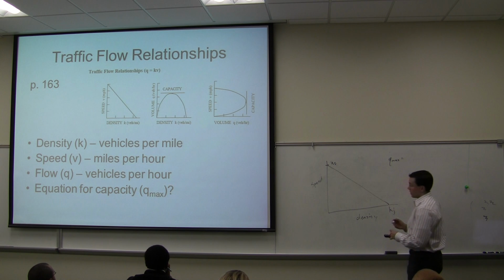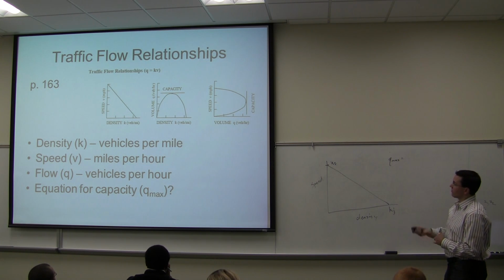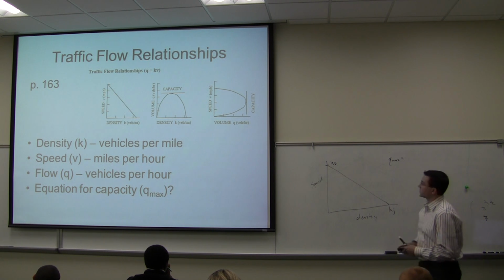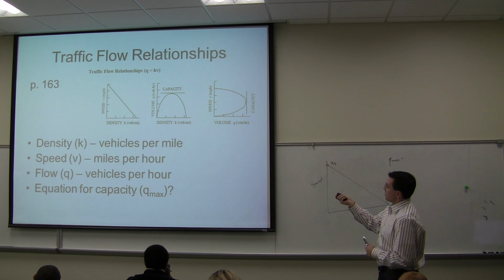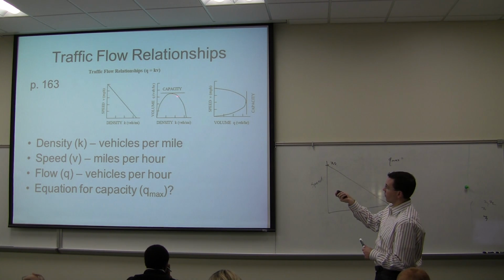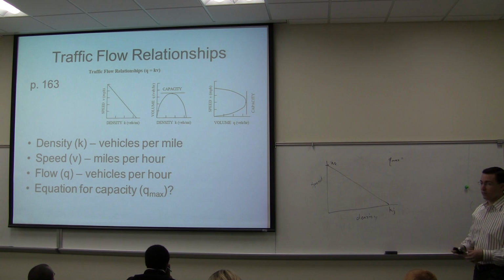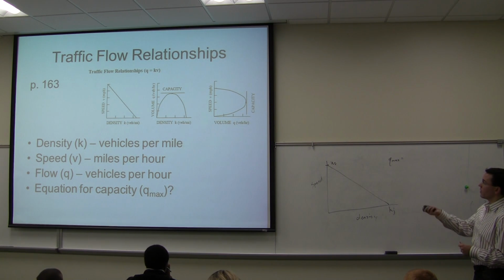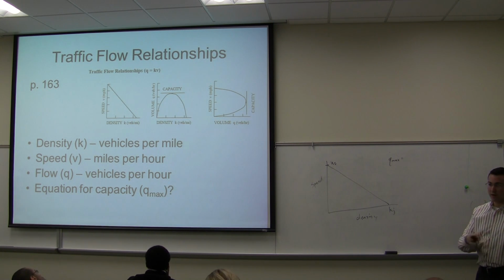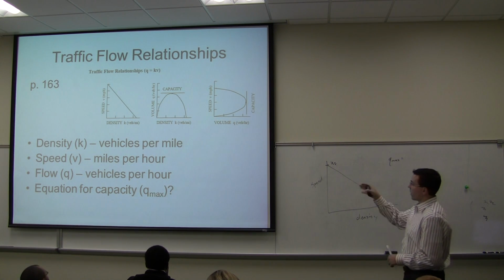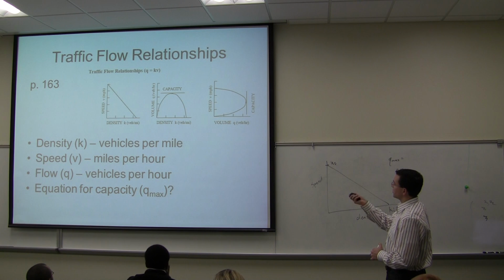This is an equation they don't give you, but you have enough information here to figure it out. Once you reach capacity, if density keeps going, flow rate starts decreasing because traffic flow is breaking down and vehicles are slowing down, up until the jam density where it's a parking lot and no vehicles pass by. That's why you have that maximum relationship.